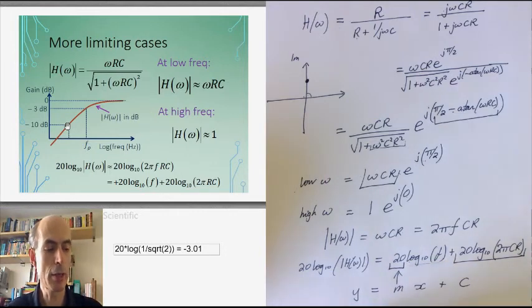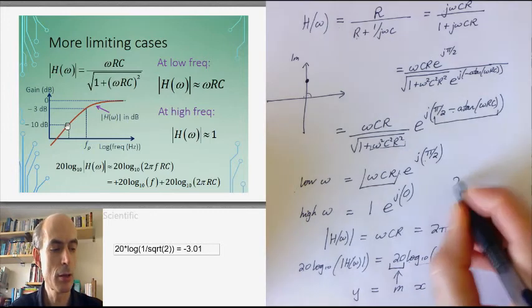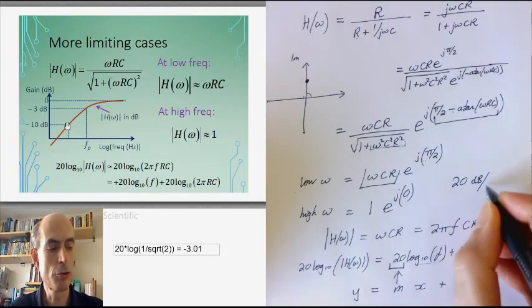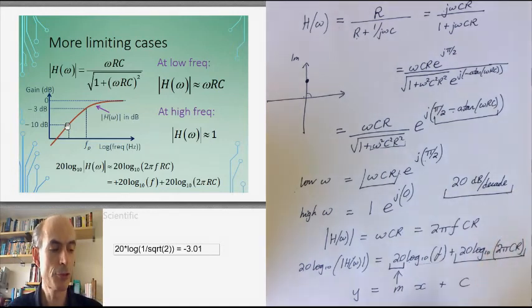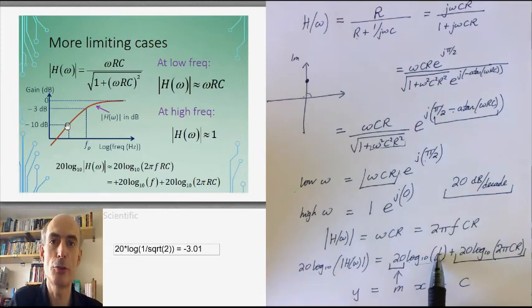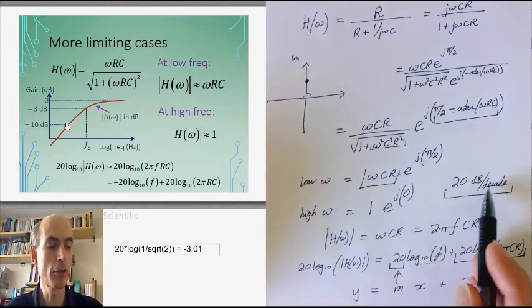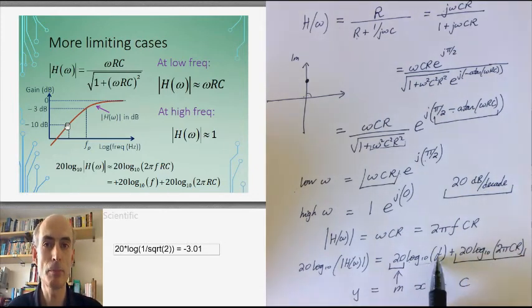We usually write that as 20 dBs per decade. Decade because if you move in frequency from 1 Hz to 10 Hz, or 10 Hz to 100 Hz, or 100 Hz to 1 kHz, you're moving through a decade of frequencies, but the logarithm of that frequency has changed by 1.